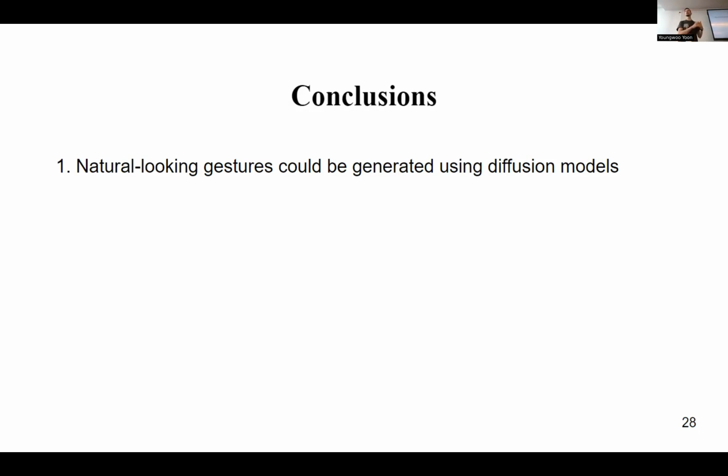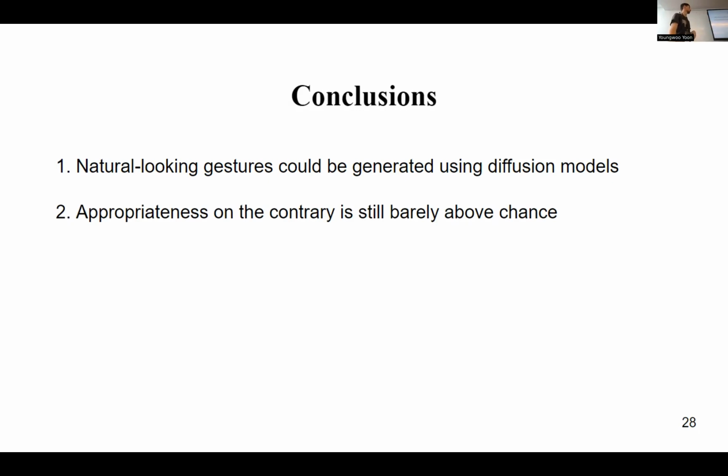We've seen that quite a high score for naturalness and human likeness can be obtained also with diffusion models. Last year, we had one system on par with natural movement based on motion matching, which showed us that the state of the art at that time was not end-to-end. Now we see that the same quality can be also reached with diffusion models. Appropriateness to either interlocutor or to the speech is still fairly above chance.